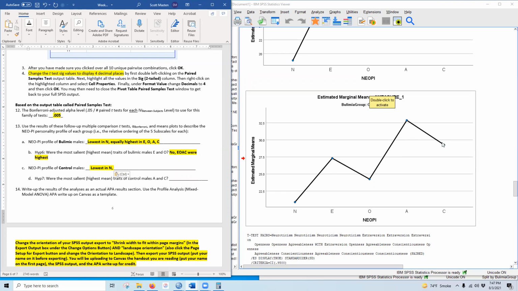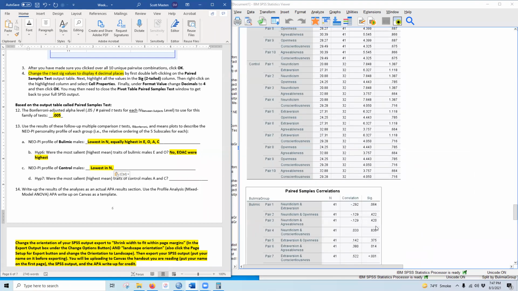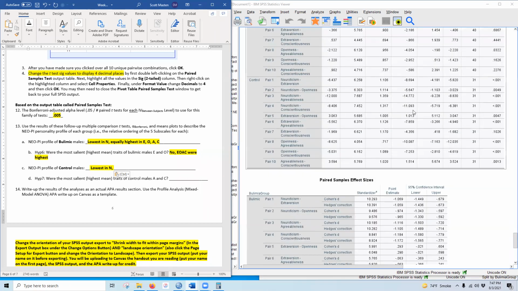So E and C do not differ. The sig was greater than 0.05. So E is equal to C. And so E was higher than O, lower than A, equal to C. Next.